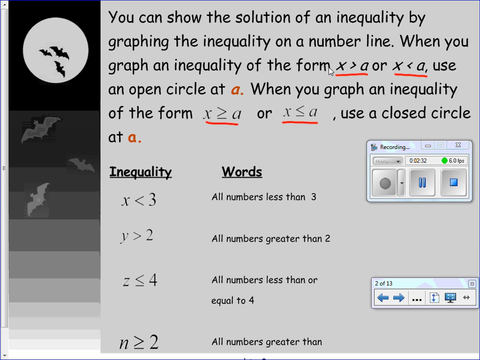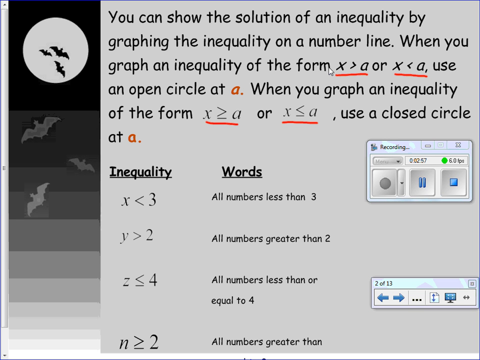In reading an inequality, we have x is less than 3. In words, that means all numbers that are less than 3. In the next inequality, y is greater than 2, all the numbers that are greater than 2 will make the inequality true. The third example is z is less than or equal to 4.